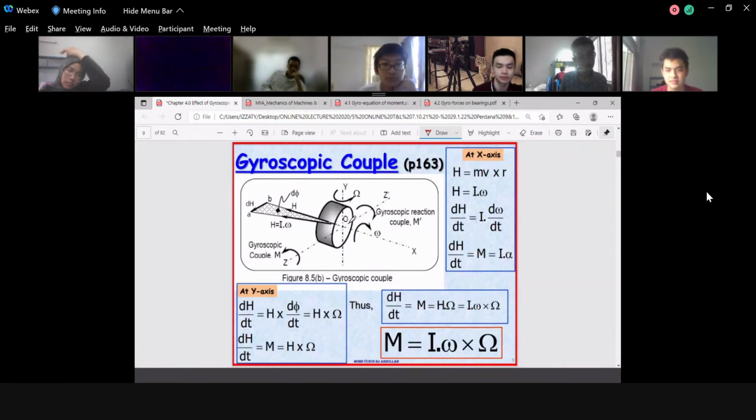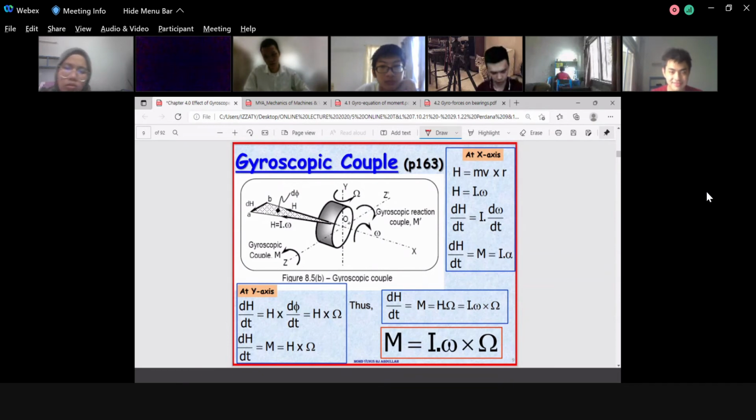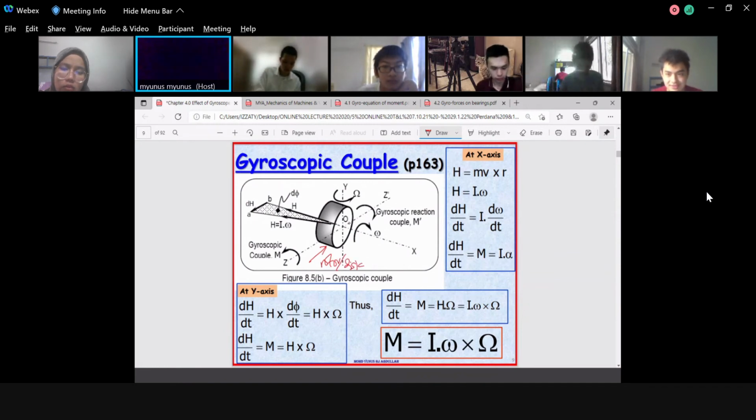You can turn to page 163 or 162 if I'm not mistaken. Look very carefully. You have a rotor, or this, it doesn't matter. This one will be rotating with omega. This omega is the spin velocity. Just now, remember, the spin velocity.